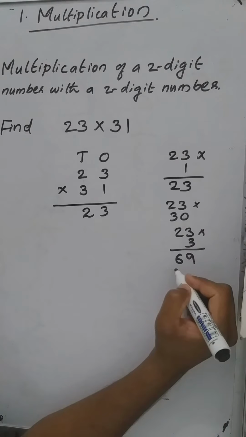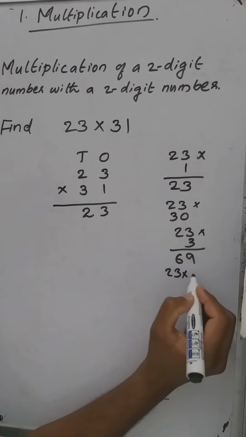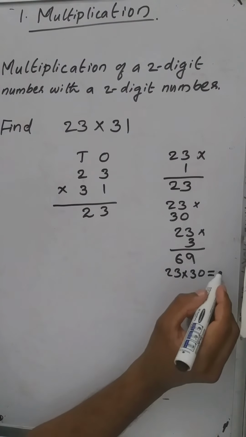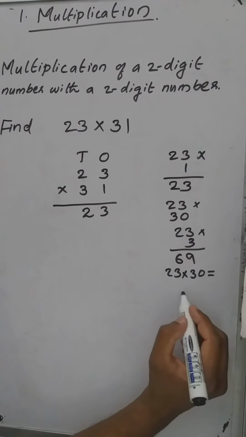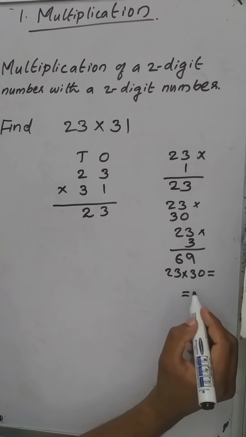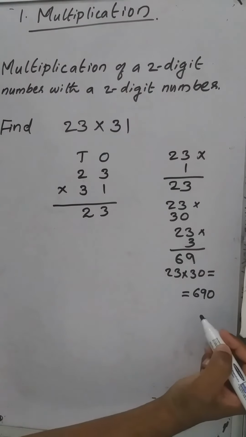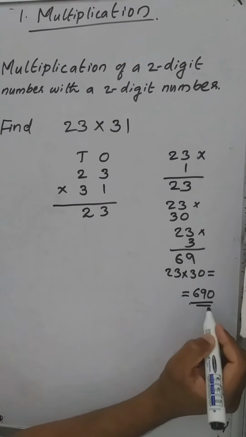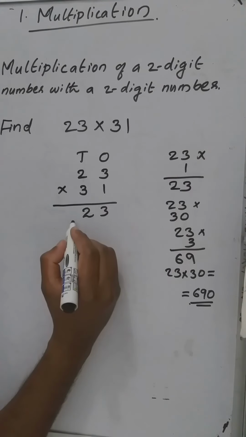So 23 into 3 is equal to 69. Then you have to put a 0 on the right side. So we got 690 here. The 690 we have to write in our answer.